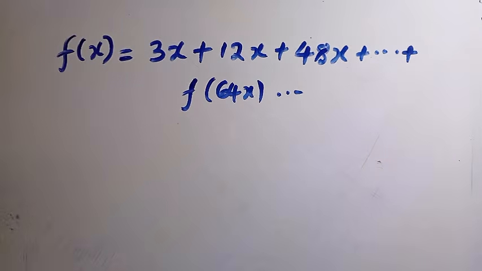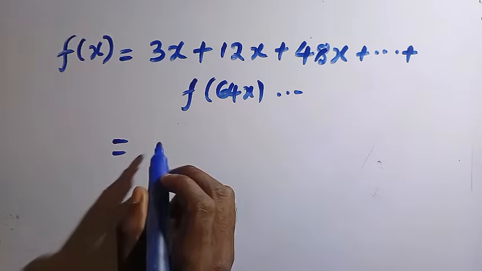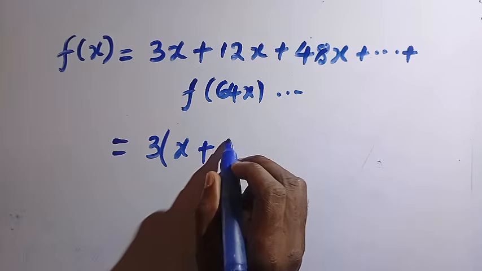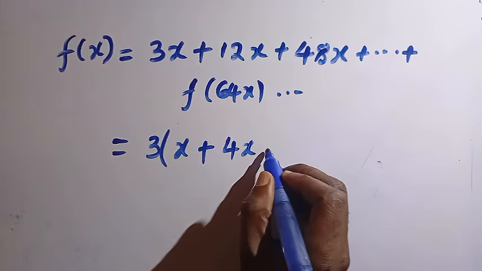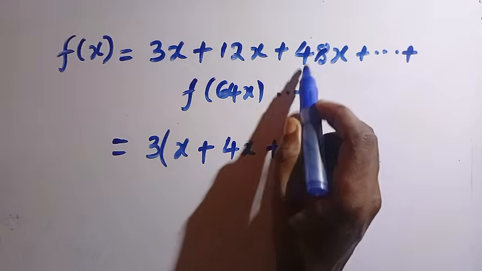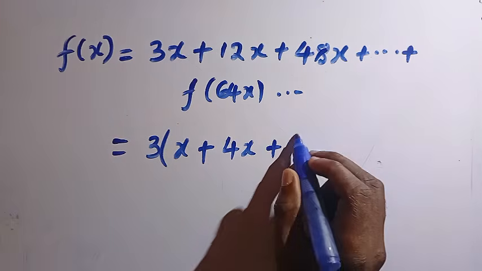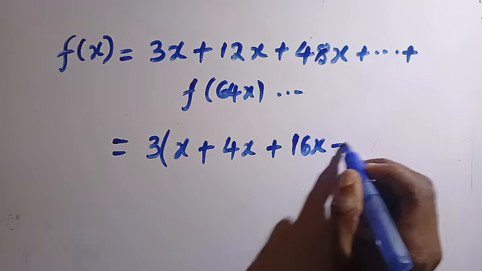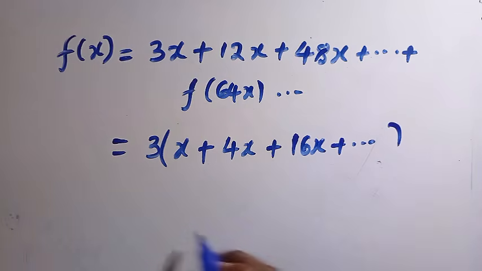But let's say I factor out 3 from here, we have x plus 12 divided by 3, that gives us 4x, and again we are going to have 16x, and it keeps going like that till we reach the end.